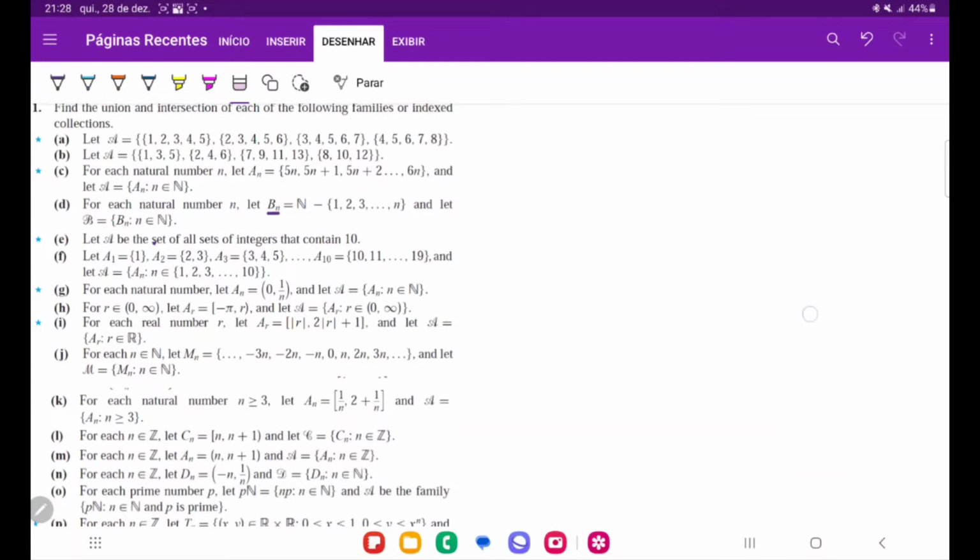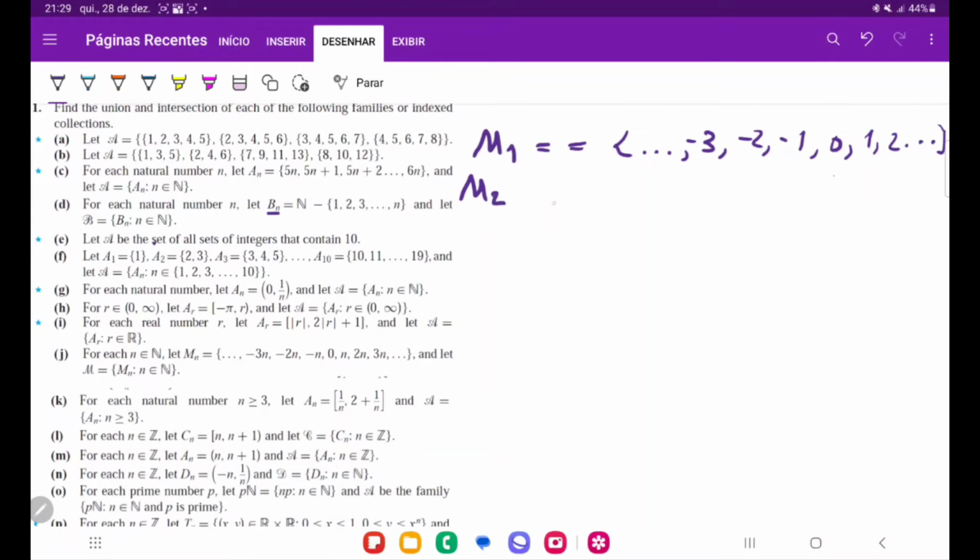So for M1, we're basically going to have minus 3 times 1, which is minus 3, minus 2, minus 1, 0, 1, 2, and so on. So this has all the integers.